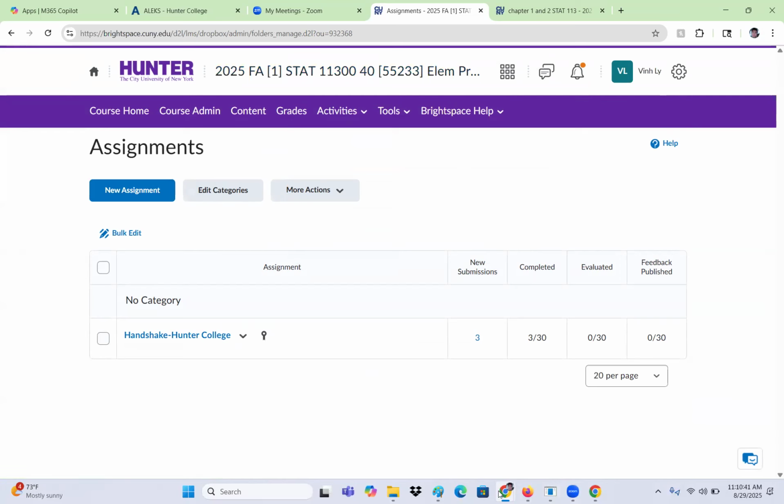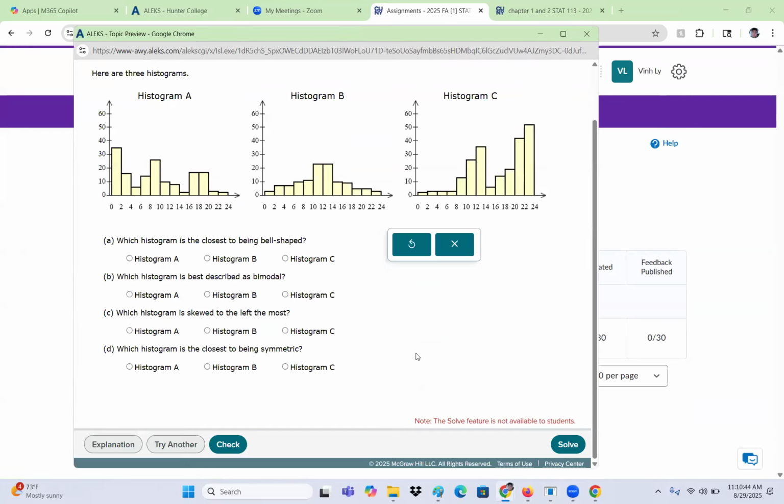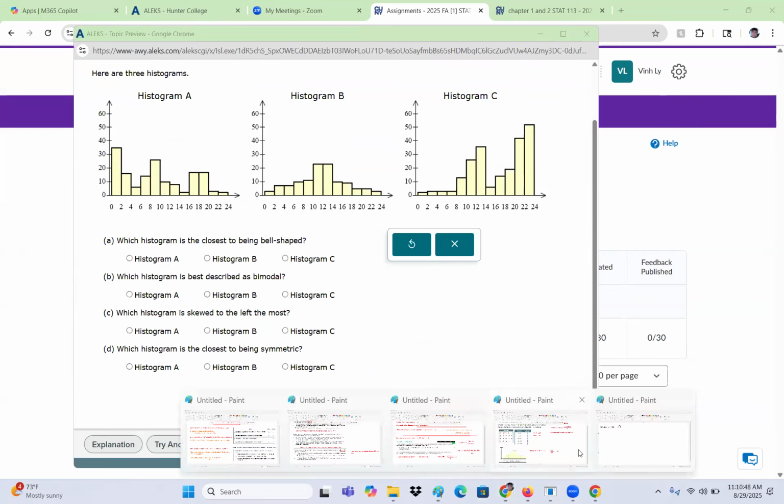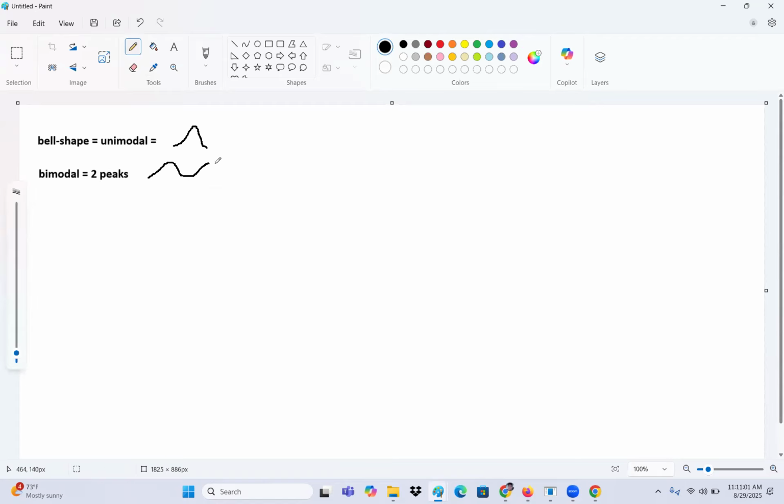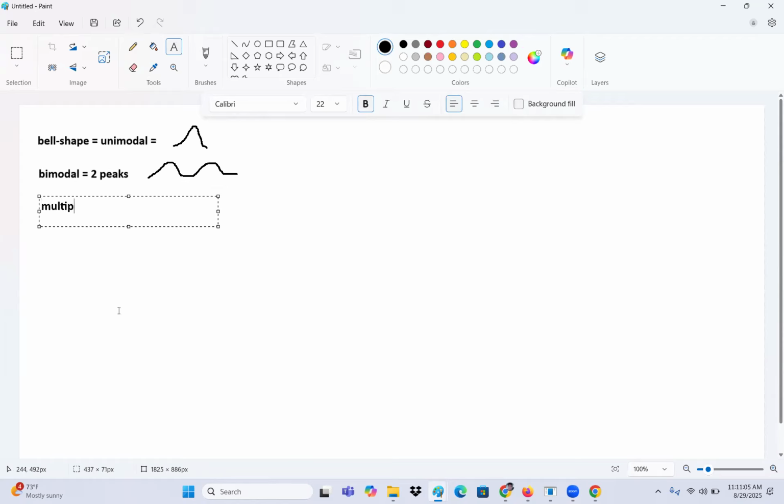All right, let me go back to the question. I have to end the class soon. Bimodal is simply like two peaks, right? It's going to go like this. And multimodal has multiple peaks, something like that.